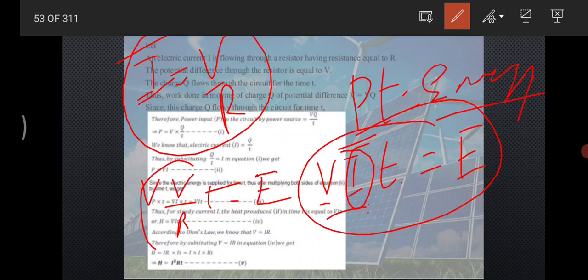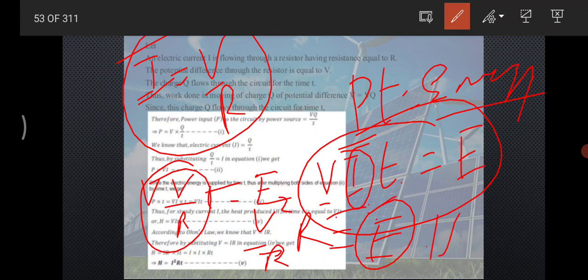That will become V square by R into T. This becomes one more formula to calculate heat energy. It is also given by E as well as H.